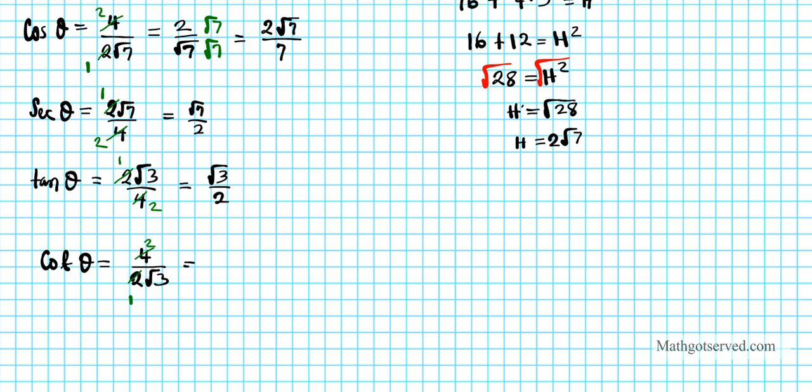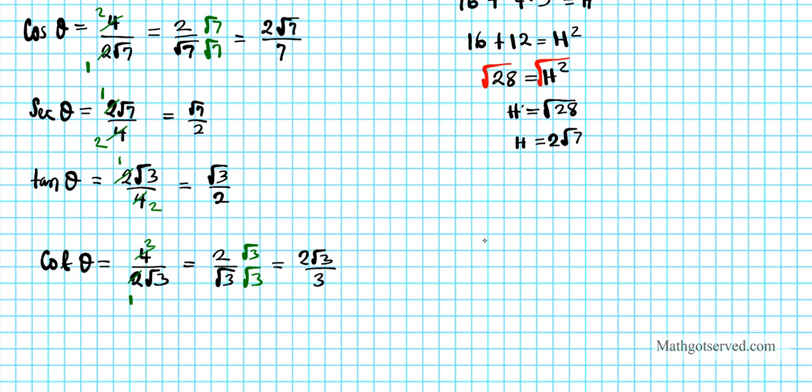And that gives us 2 over root 3. And then to get rid of the square root in the denominator, we'll multiply by root 3 top and bottom. So we have root 3 and then root 3. And that yields 2 root 3 over 3. Okay? Alright, so there goes our 6 trig ratios.